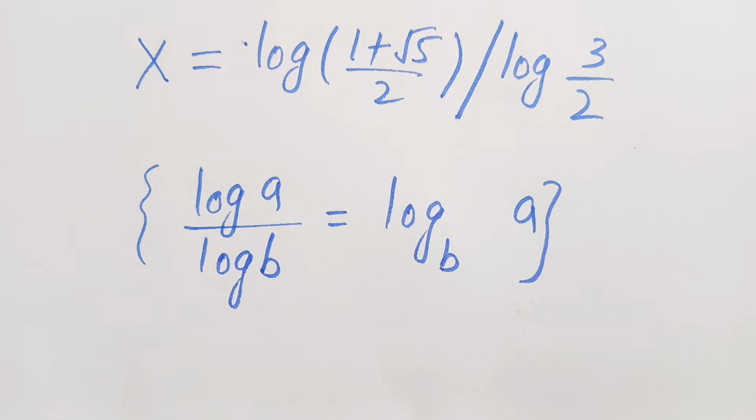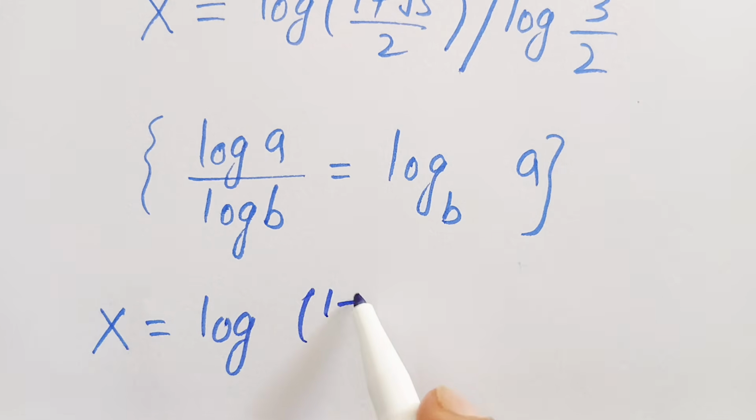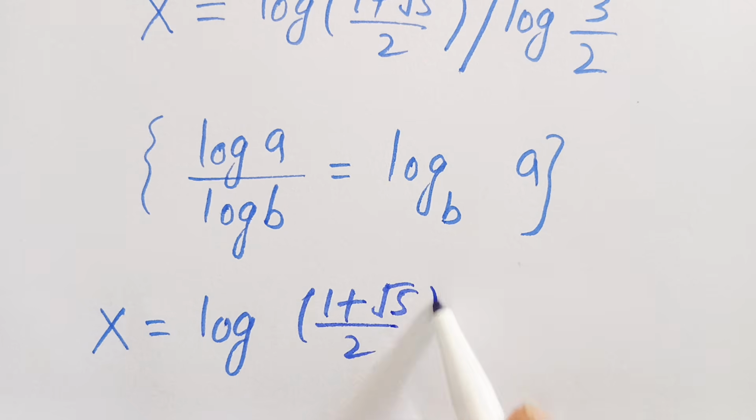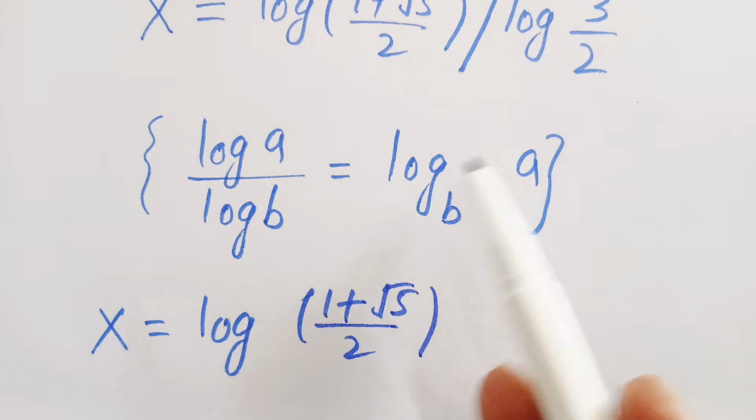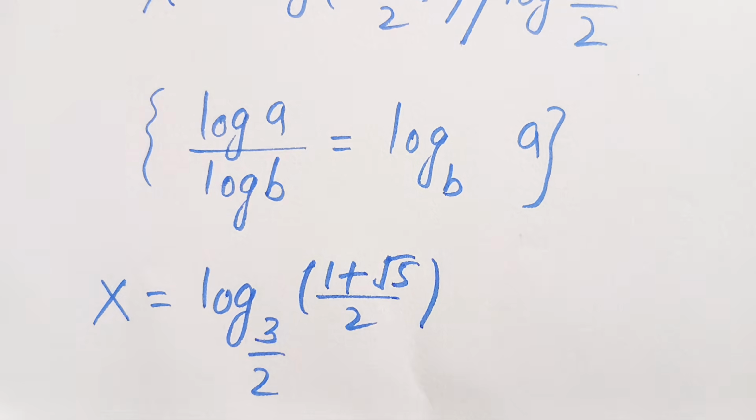Therefore this becomes x is equal to log of 1 plus square root 5 divided by 2 to the base 3 by 2. This is our final answer.